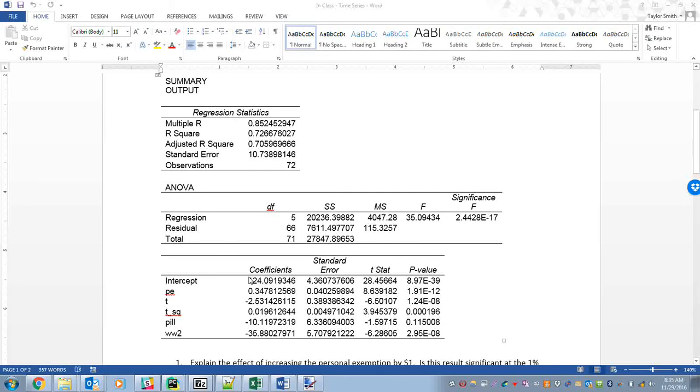We have an intercept of 124. Remember, our dependent variable in this case is the general fertility rate, which means the way that we interpret these coefficients is always in terms of the units of the general fertility rate, which is births per 1,000 women. The way you always interpret a coefficient is in the units of the dependent variable.